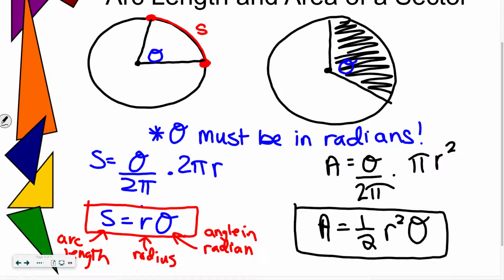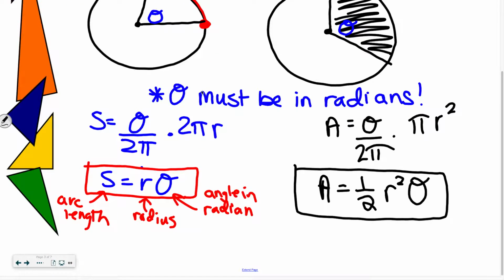You might see, just kind of looking at it, if you were to cancel your pi's up here, you can also write it as area equals theta times r squared over 2. I mean, essentially that's the same thing, right? Which maybe looks more familiar, like the area of a triangle because you're dividing by 2.